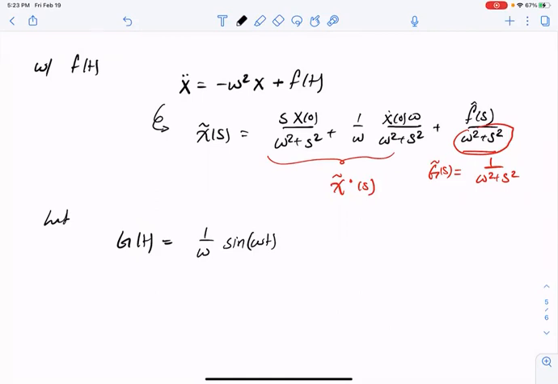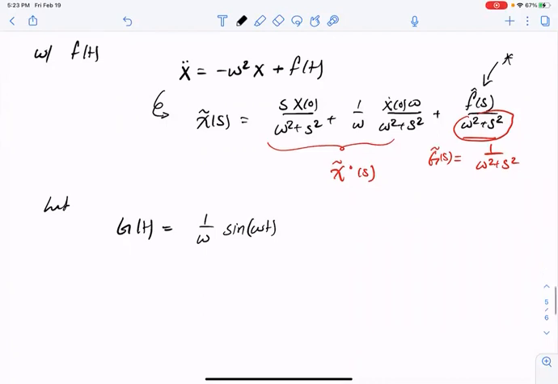Now note, if we inverse Laplace transform this term, that has the form of g of s times f of s, which inverted is a convolution.